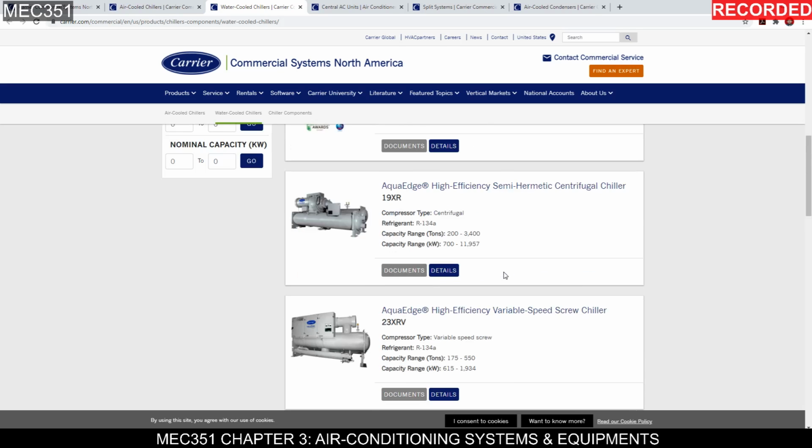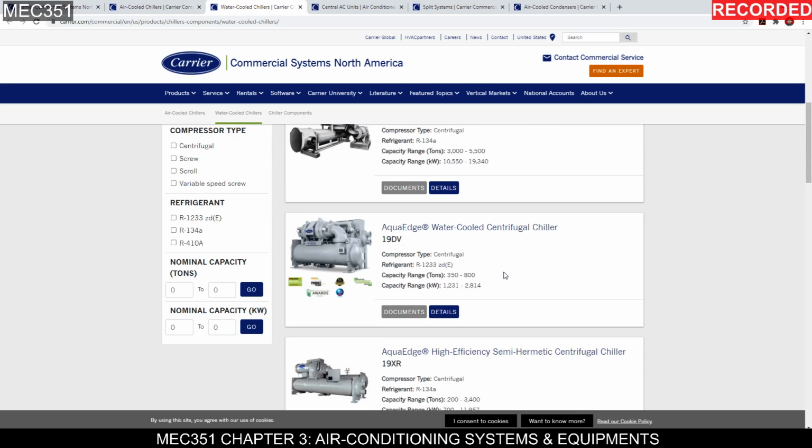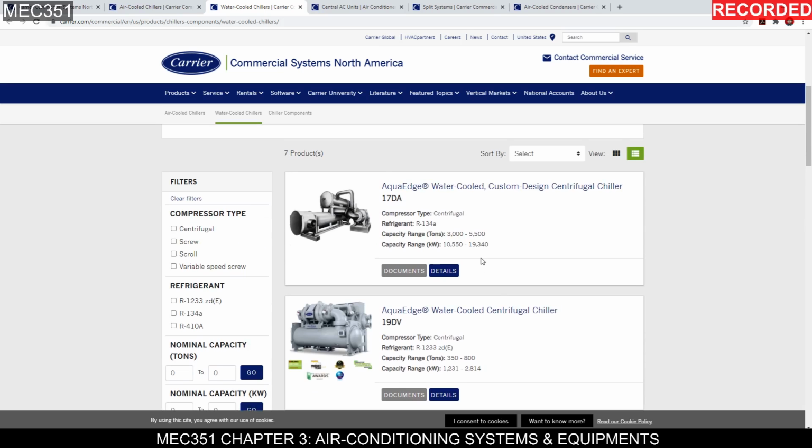Okay, let's say we have a cooling load of 100,000 BTU, but here we don't have the units in BTU, so you have to convert the BTU per hour into kilowatts, or also refrigerant tons here. Then you have to choose the model that is in the range that is capable of supplying the cooling power.